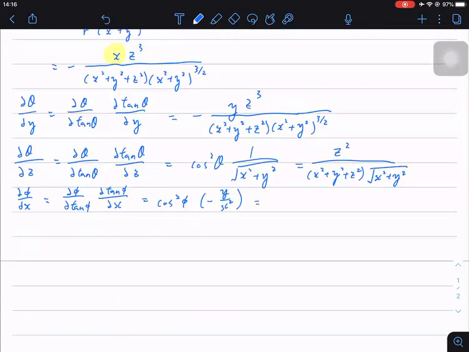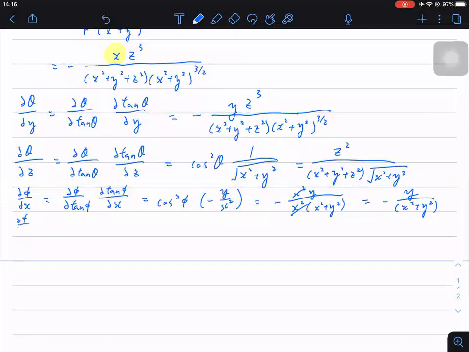So finally, it should be x squared over the square root of x squared plus y squared. We have a square here, so no square root. So the x squared term cancels out, and we have this one.